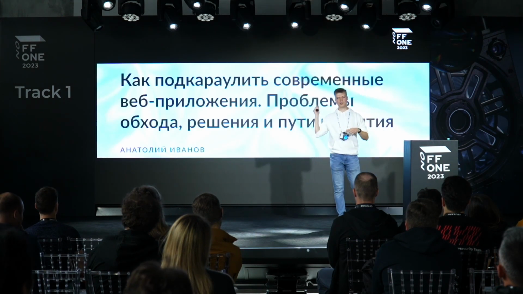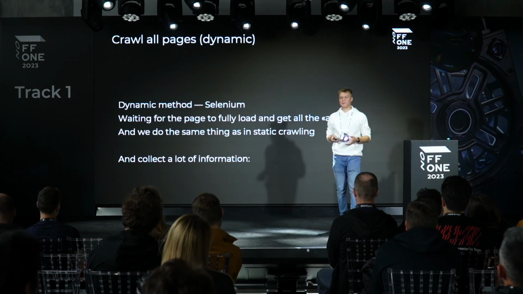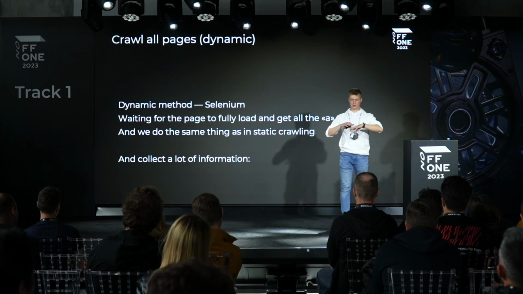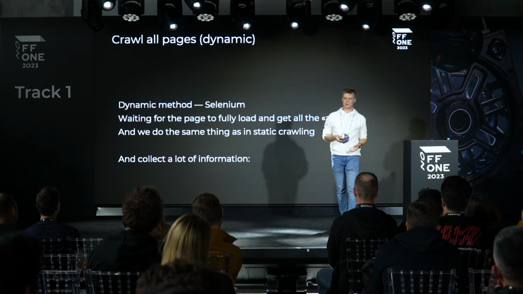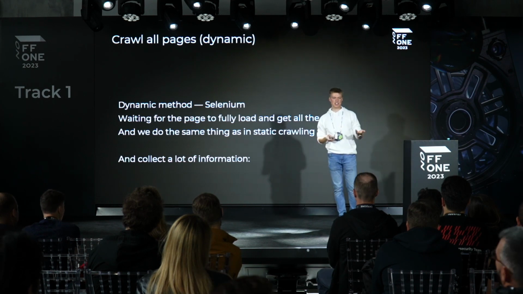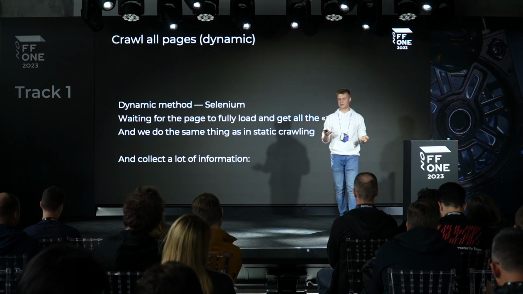I decided, okay, I'm going to come back to this slide later. I decided that the app is going to operate in two modes: static, based on requests, when we need to work fast without creating too much workload on the tester. And the second mode will be the Selenium one, the dynamic method.